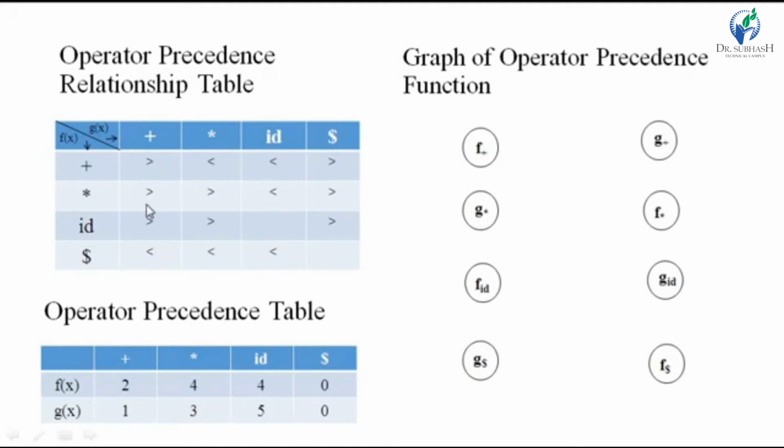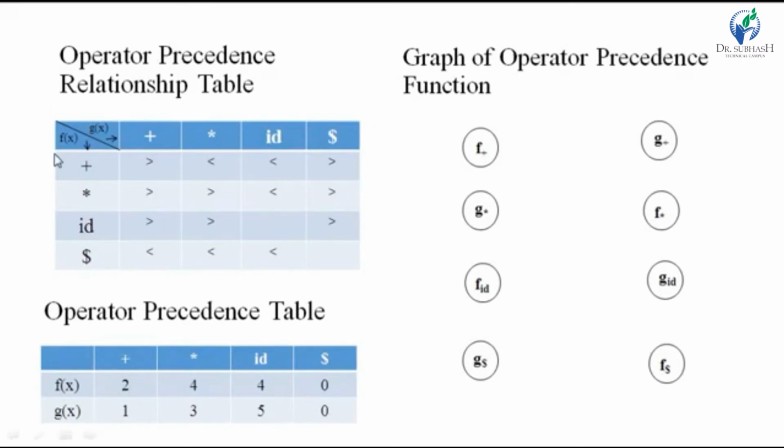Sometimes for the greater than, less than or equal to sign, you may put a dot into this relation. So this plus is greater than this plus because both plus have the same priority. In your equation, it scans from left to right, so the left addition is always performed first.